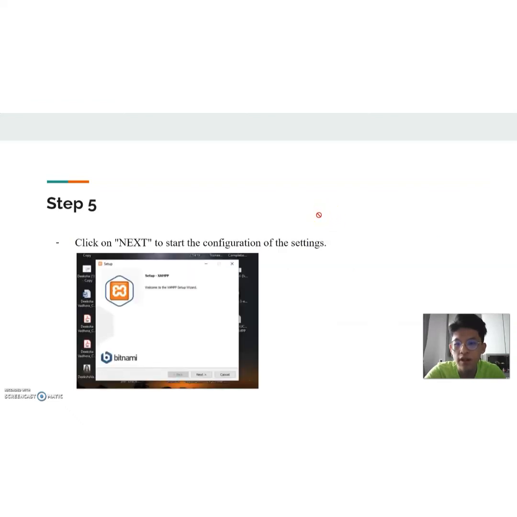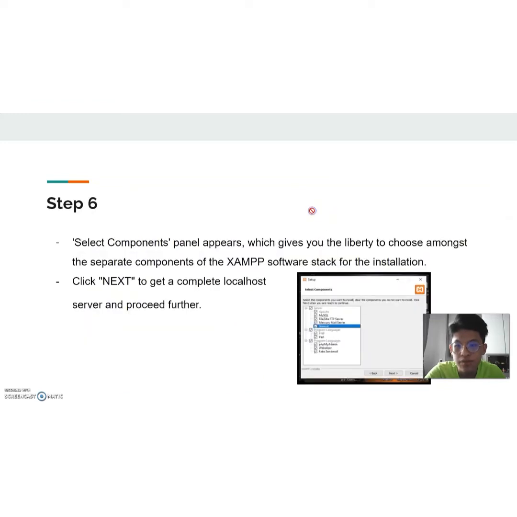For step 5, we need to click on Next to start the configuration of the setting. Step 6, the select components panel appears, which gives you the liberty to choose among the separate components of the XAMPP software stack for the installation.